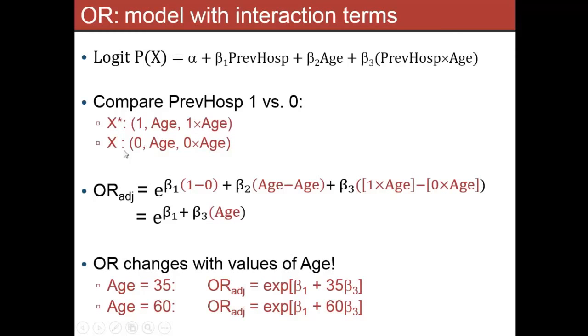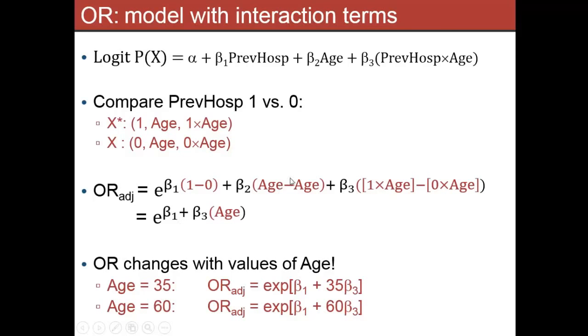And then, by the way, here's the comparison person. The unexposed person has a 0. They have age, and they have 0 times age. That's the product of their value of the exposure and age. So we want the ratio of the odds of the outcome for these two profiles of people. And so you apply the formula that we used before, e to the beta 1 times the difference in the x's, 1 minus 0. Okay, that's familiar, e to the beta 1.